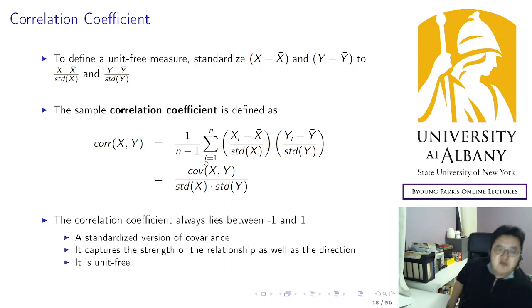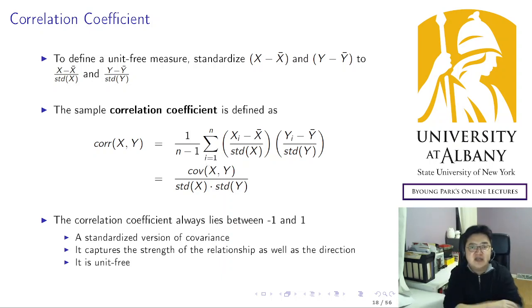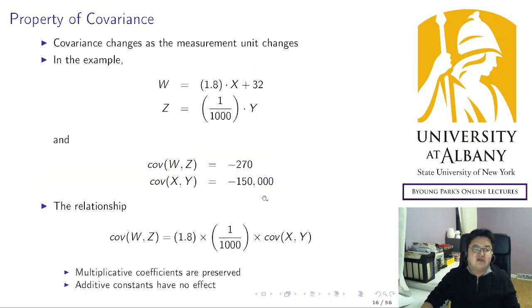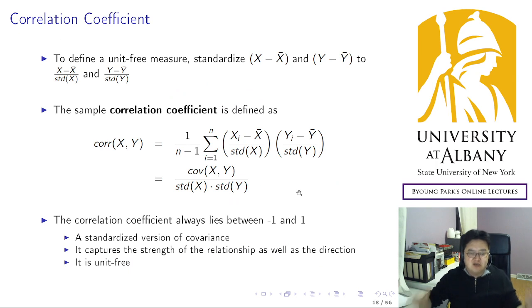This correlation coefficient is really nice because it always lies between -1 and 1. So the scale is fixed, right? It does not get a crazy number like this. It's always interpretable because it always lies between -1 and 1. So it is standardized and it shows the strength.